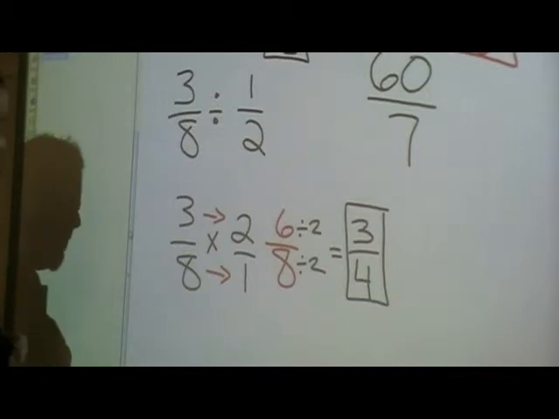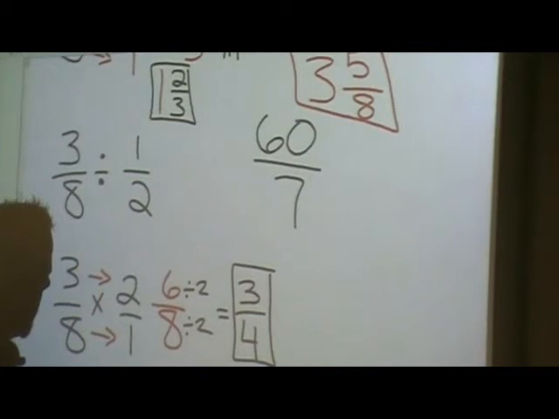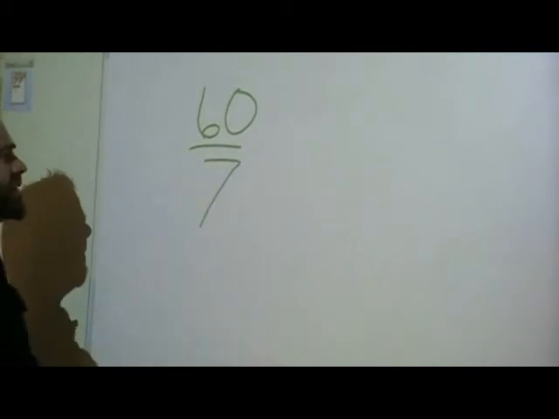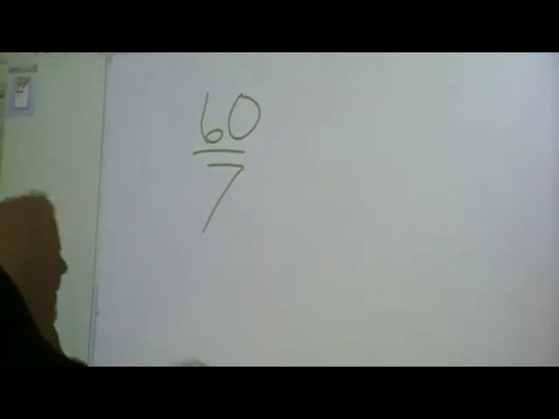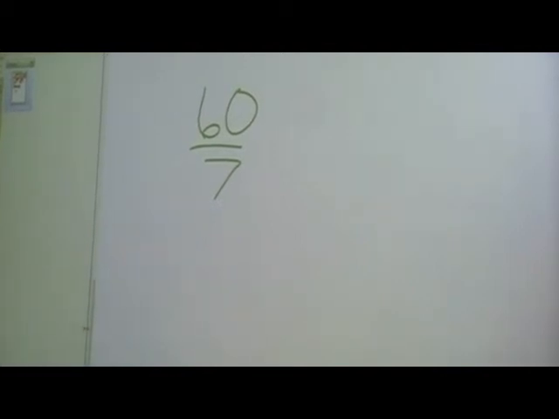Alright, and for reducing improper fractions, I'm going to rewrite this down here where we have room. 60 over 7. Okay. How do we reduce it?